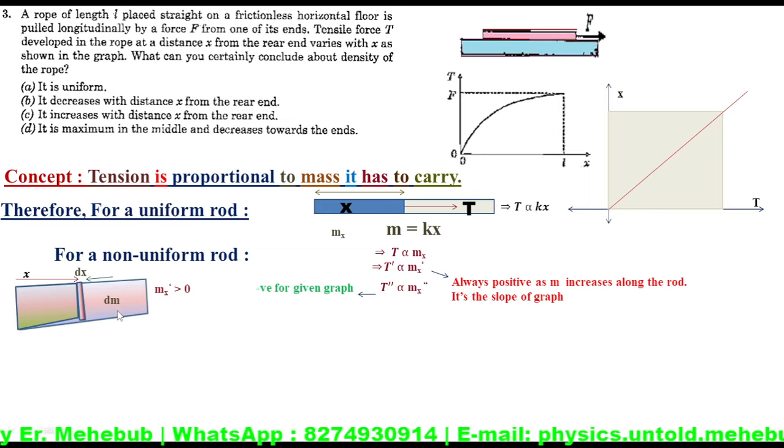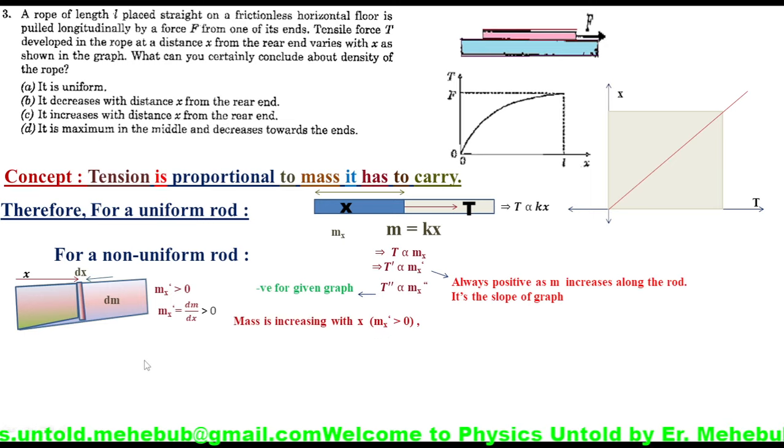Now this dm is a positive quantity because mass cannot be negative, and also x, whatever the variation or shape of the rod, this distance is always positive, it cannot be negative. Therefore we can say m(x) dot equal to dm with respect to dx is a positive quantity, or mass is increasing with x, or m(x) dot is greater than 0.